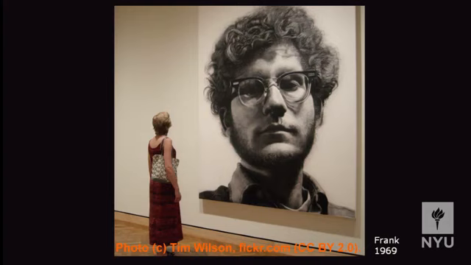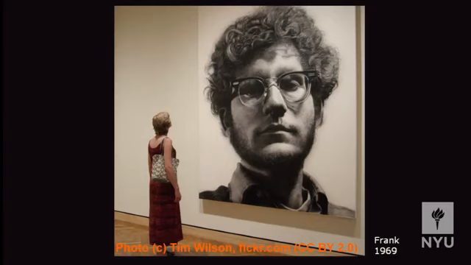And he said that he likes to kind of put the viewer in Gulliver's Travels shoes, where he goes to the land of giants and you have to crawl over the crevices of this guy's nose and lips to kind of get into the art. So he creates these huge pieces. What's so interesting about Chuck Close is his history and how he ended up creating this kind of art.